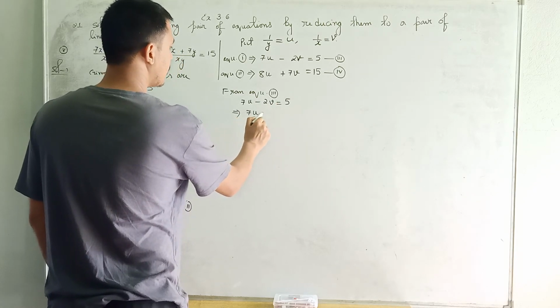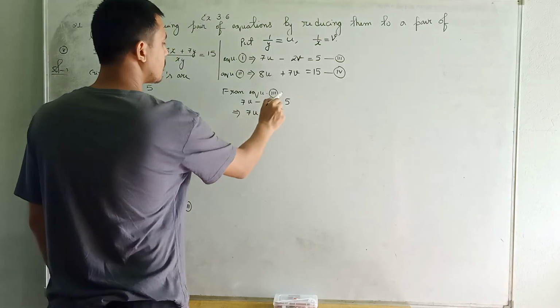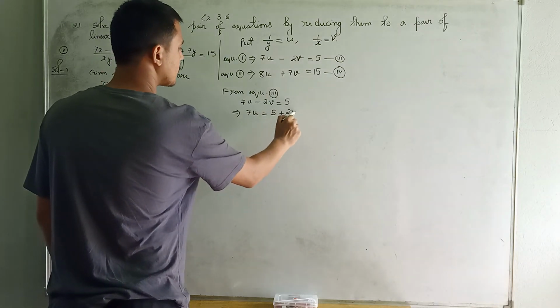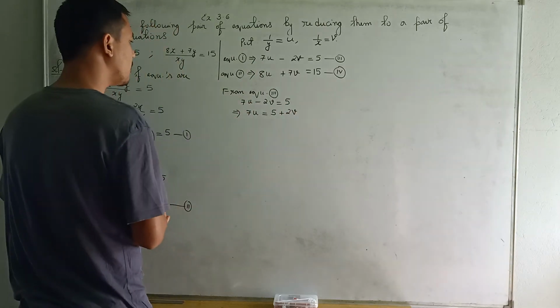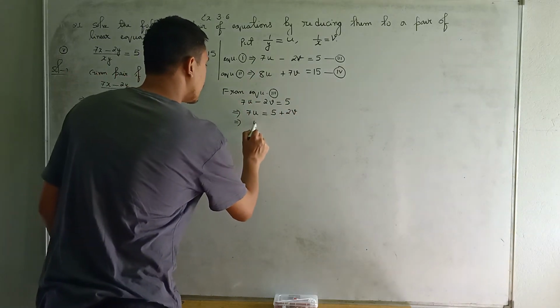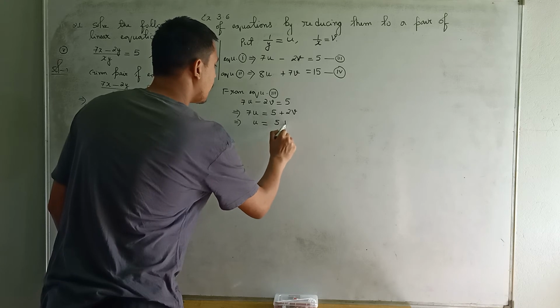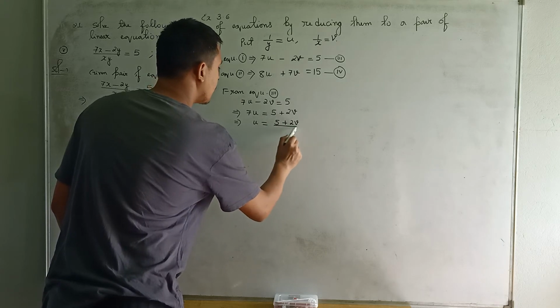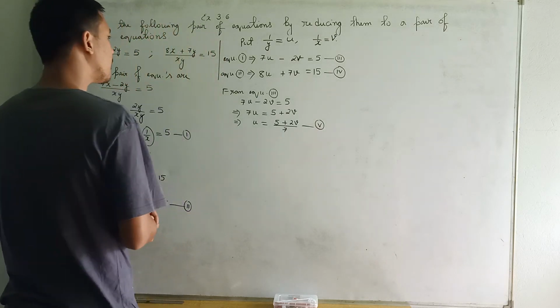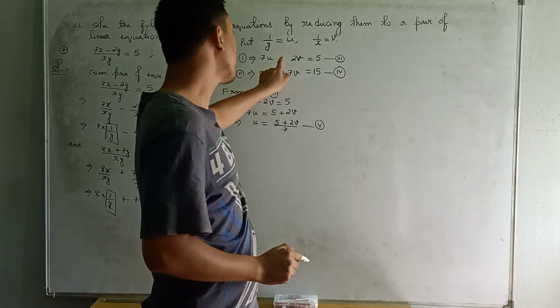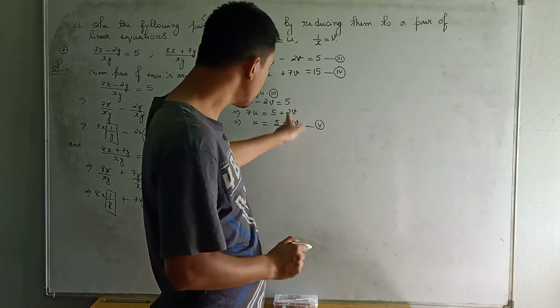Then 7u would be equal to 5 minus 2v gets transposed as plus 2v. Then you have u to be 5 plus 2v upon 7. That's a new equation.